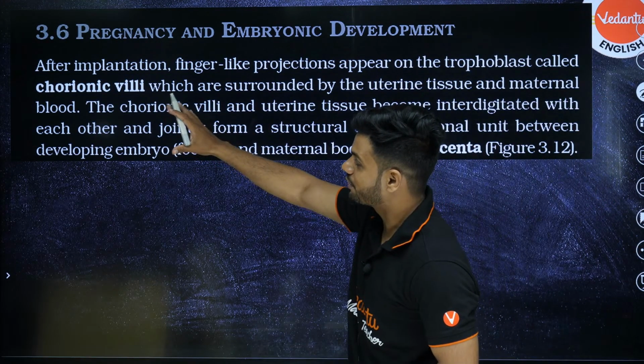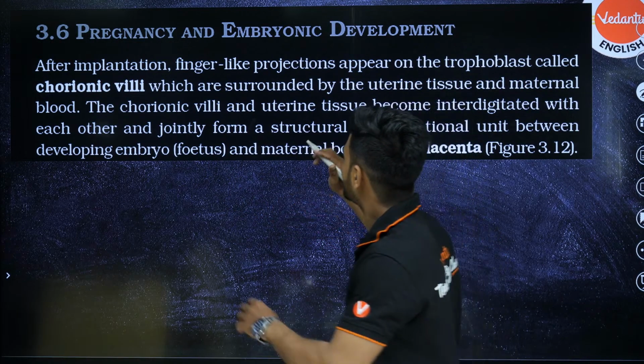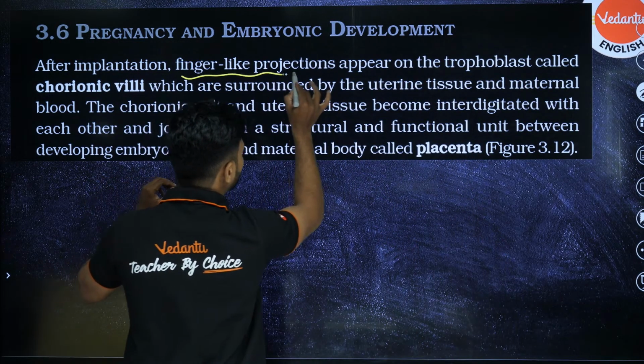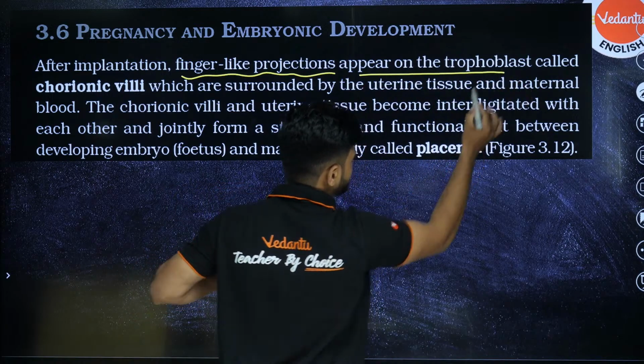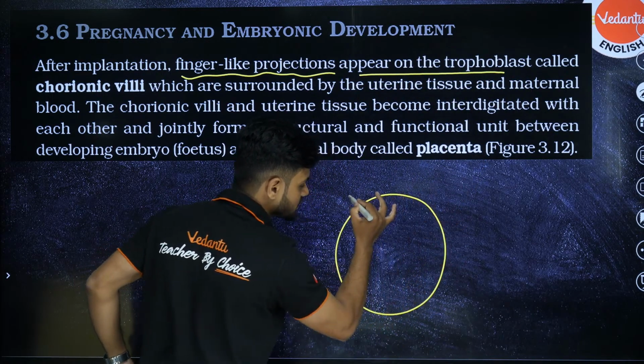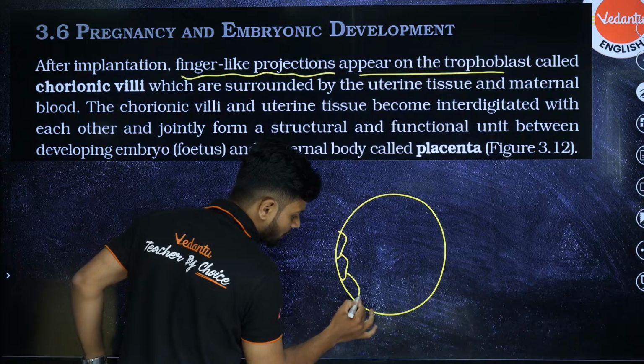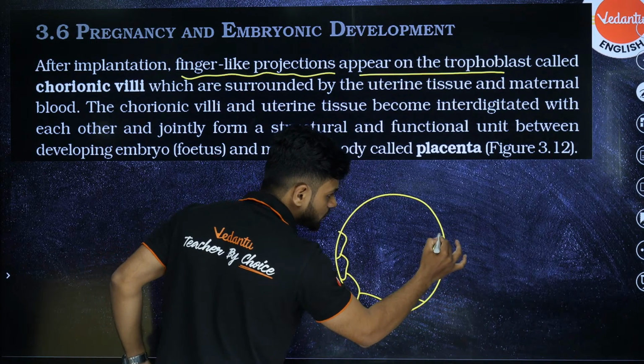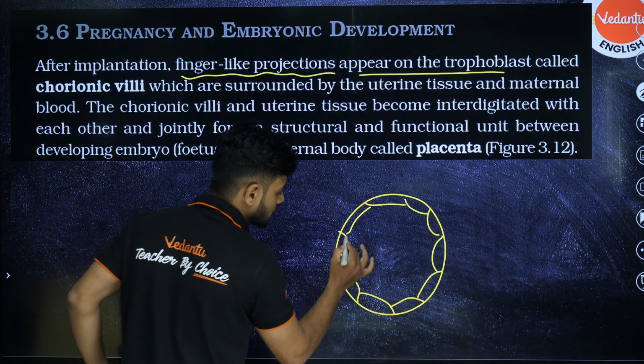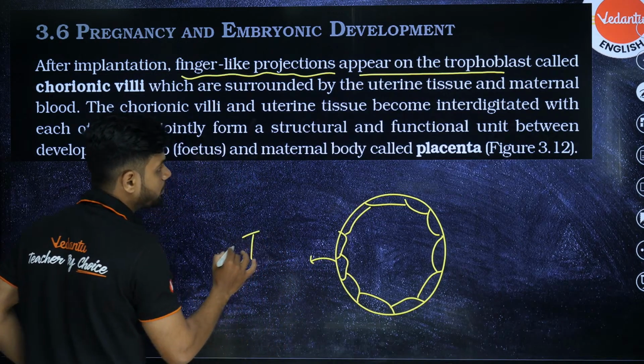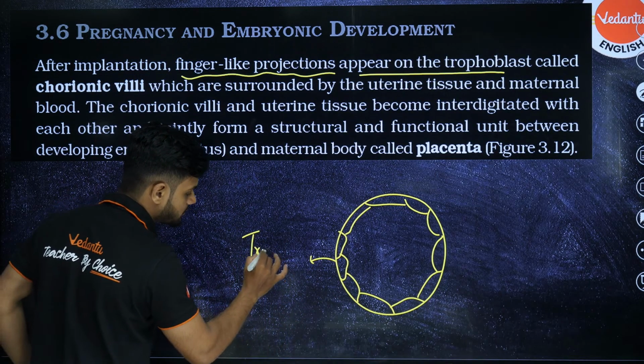Now, very important: after implantation, there are finger-like projections appearing on the trophoblast cells. See, the blastocyst's outer layer is called what? This is called the trophoblast, right here.